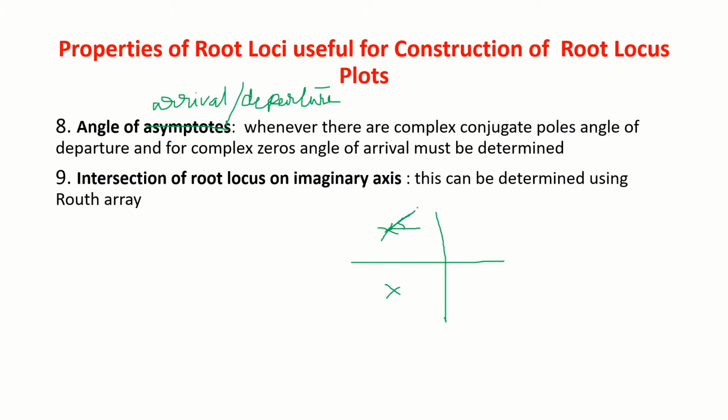Then we say it has to go along this line. Like this we measure. This angle we call the angle of departure. In the same way, if it is a zero, then the root locus will come and meet it. That is the angle of arrival. Okay, this is the angle of arrival. This is the angle of departure.